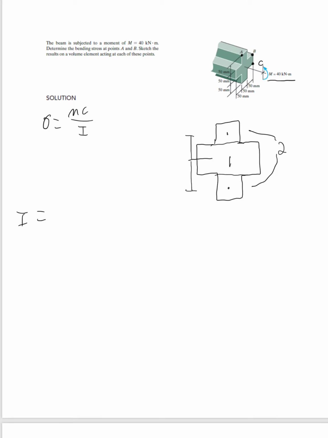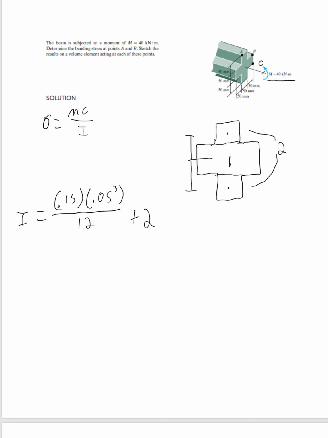shape 1 has a base of 0.15 and a height of 0.05. I'm doing this in meters. You could do it in millimeters, but you'd have to convert later on. It's easier if you just do everything in newtons and meters. And that's over 12. It's a rectangular cross-section.